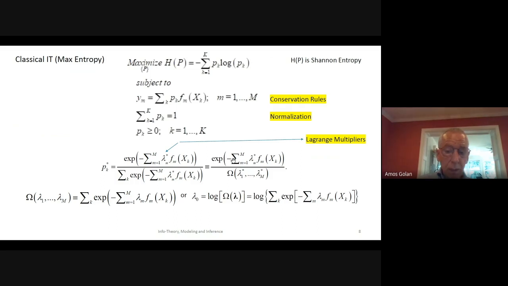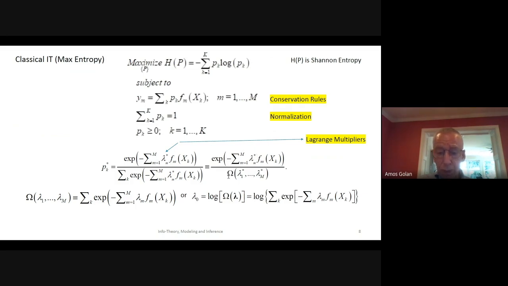Now, it depends on the f. If this function is linear, then it will remain exponential. If f, for example, is not linear, then it will not necessarily be exponential. But this is the overall functional form. And just for simplicity, I call this omega.